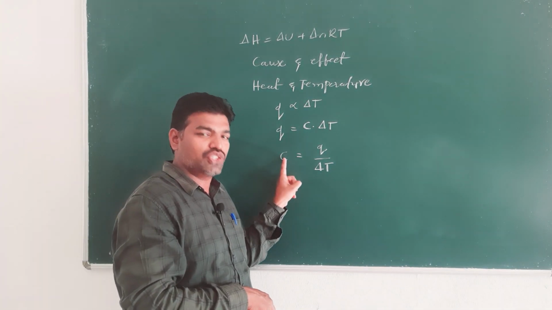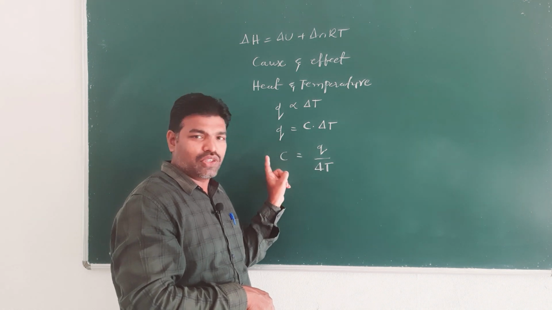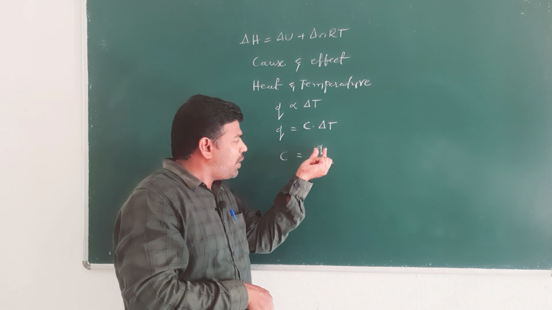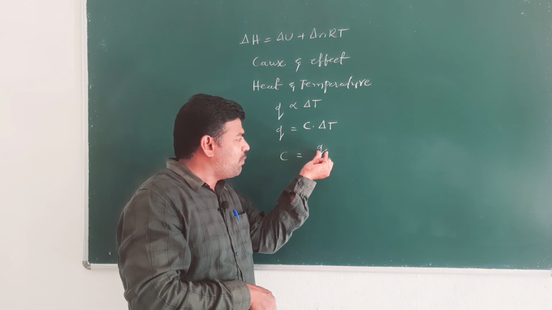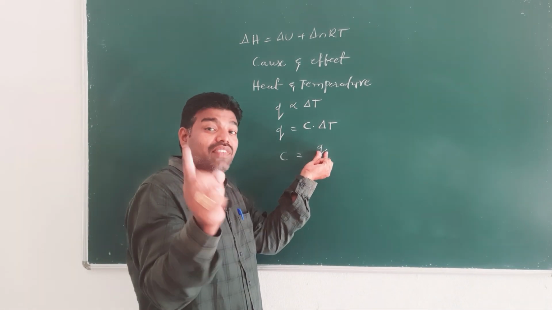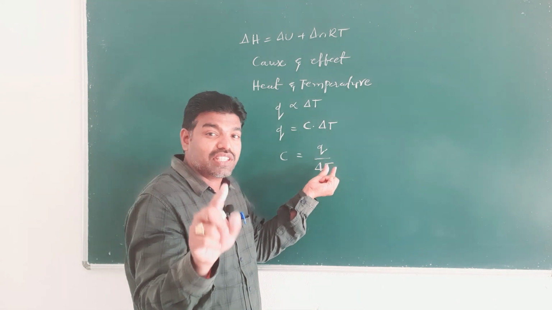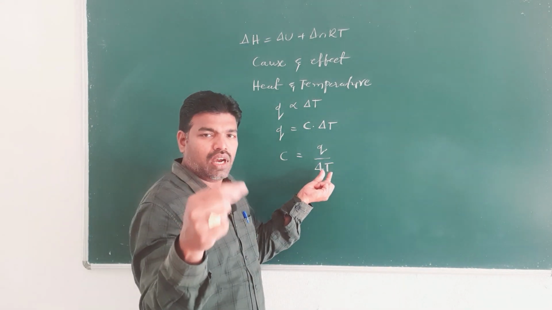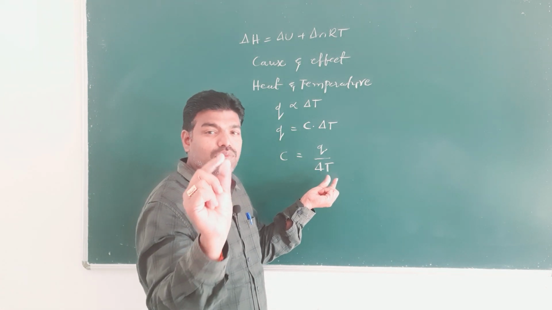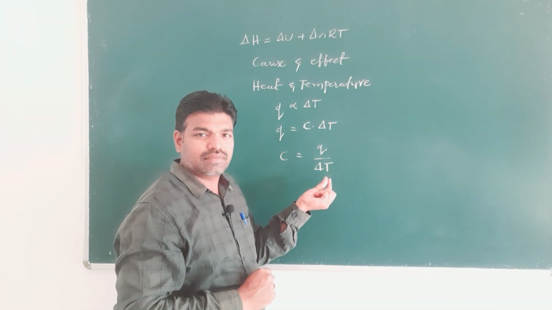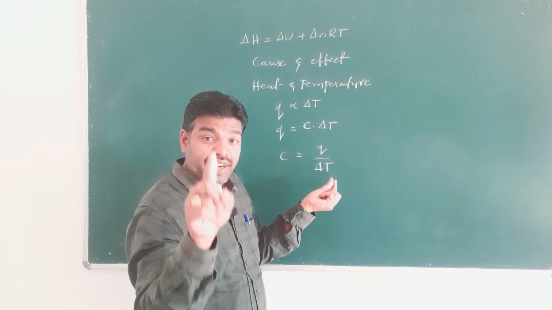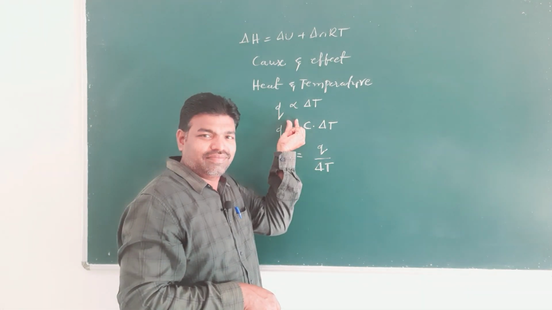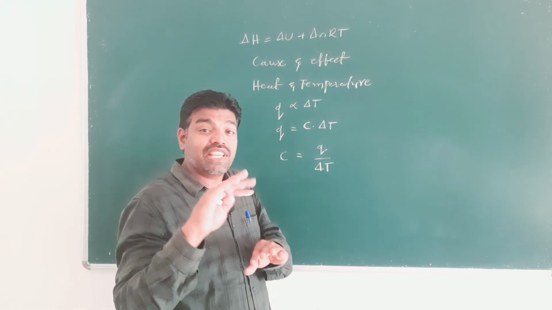For example, if you assume Q by delta T is positive and a large value, that means by supplying Q amount of heat to the system, that will raise the temperature of the system to a small extent, provided the heat capacity is large, and this is vice versa.